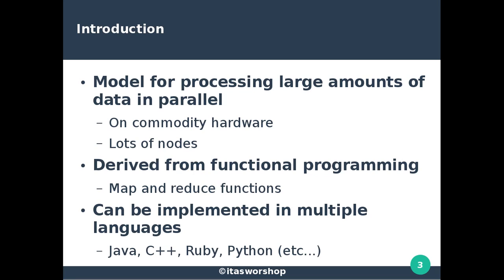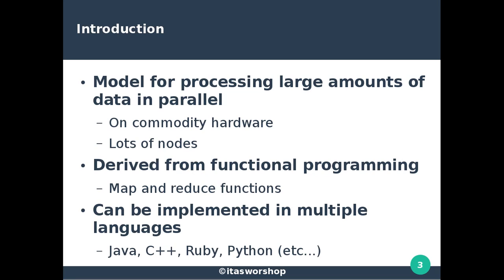It is derived from functional programming. In MapReduce, the most important things are your map and reduce functions. We override the map function and reduce function, and we provide our own logic for processing the data set. So we have a certain data set, and we want to analyze it in different ways, so we'll develop map and reduce functions for that.